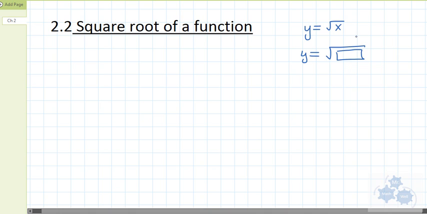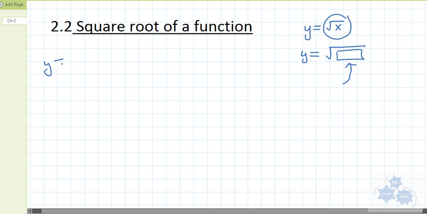So we're going to look at graphs that aren't restricted to the square root of x, but at transformed graphs and their roots. Okay?